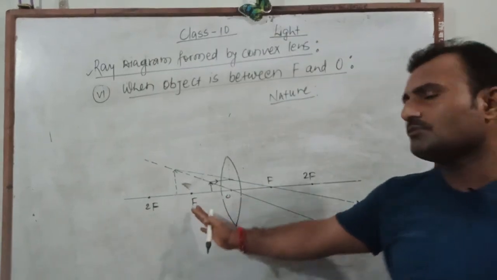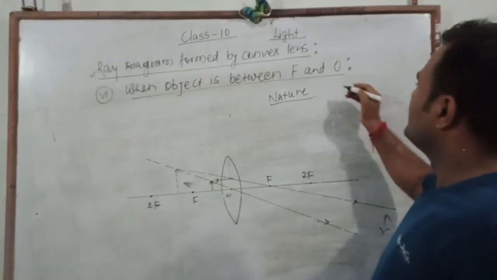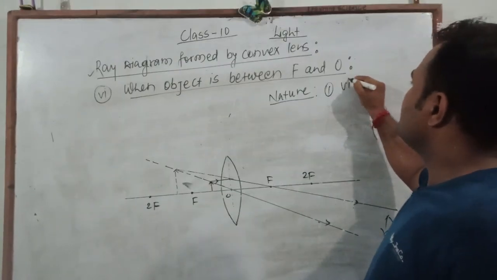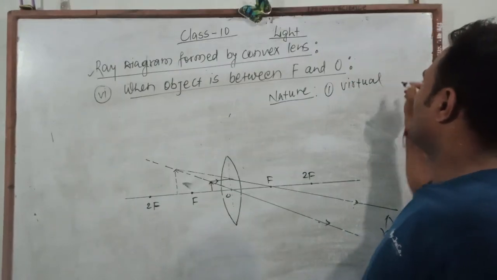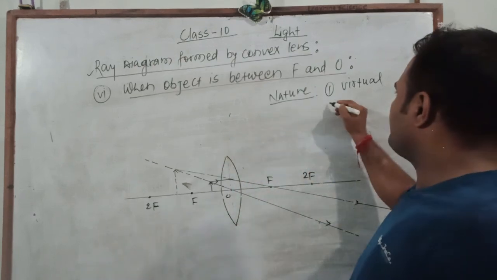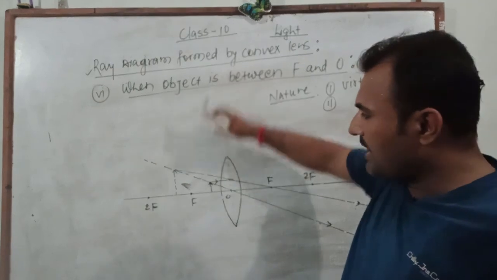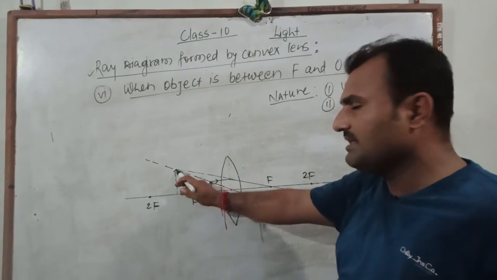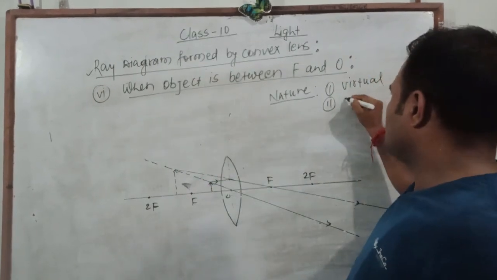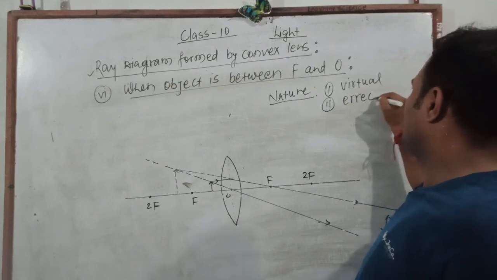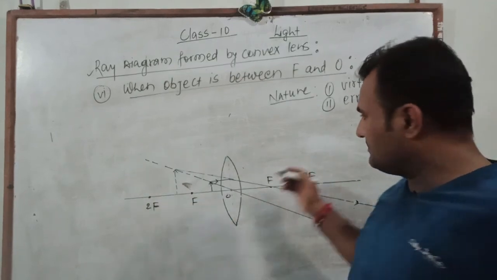In the same direction where the object is found. Therefore the image is virtual, which can't be taken on a screen. The head of the object is upward and the head of the image is also upward. Such a condition is called erect or straight.